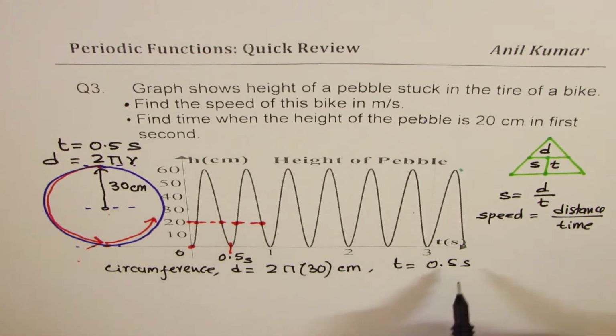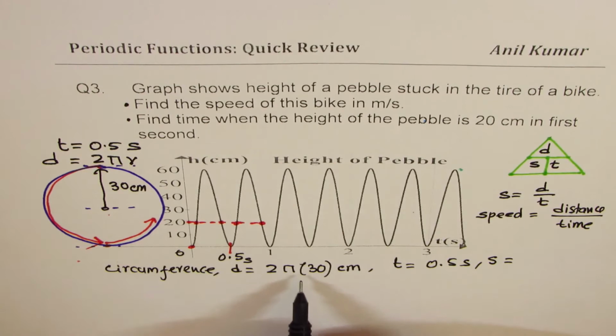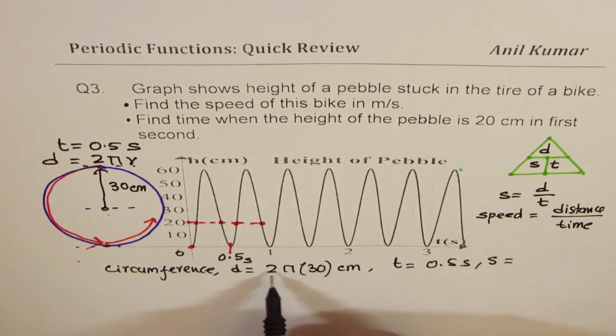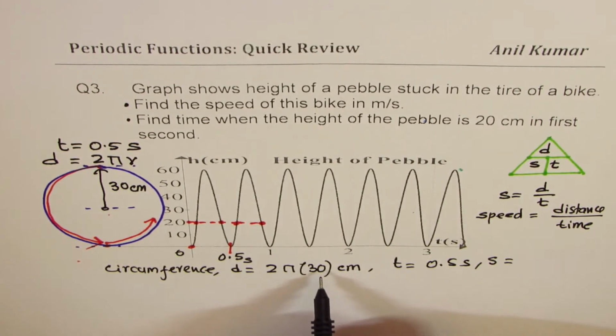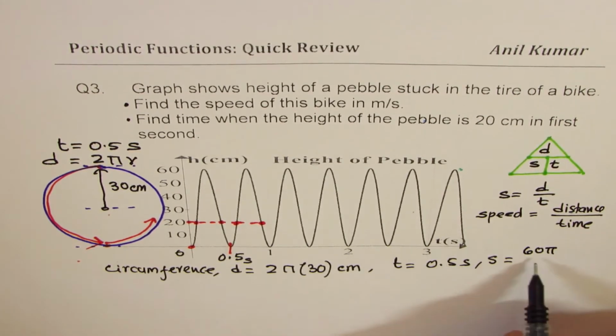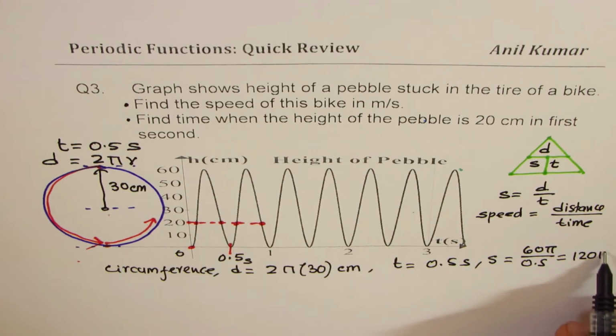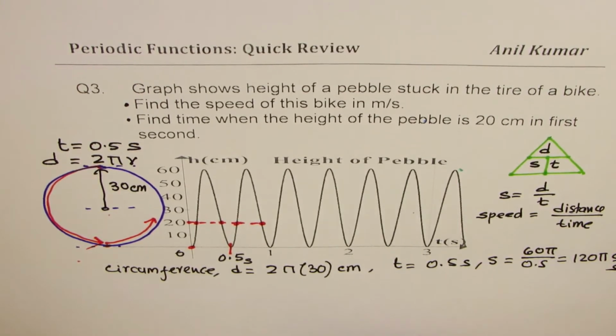Now we'll write here that speed s is equal to 2 pi 30, that means 60 pi, divided by time, which is 0.5. When you multiply, you get 120 pi, but the units are centimeters per second.